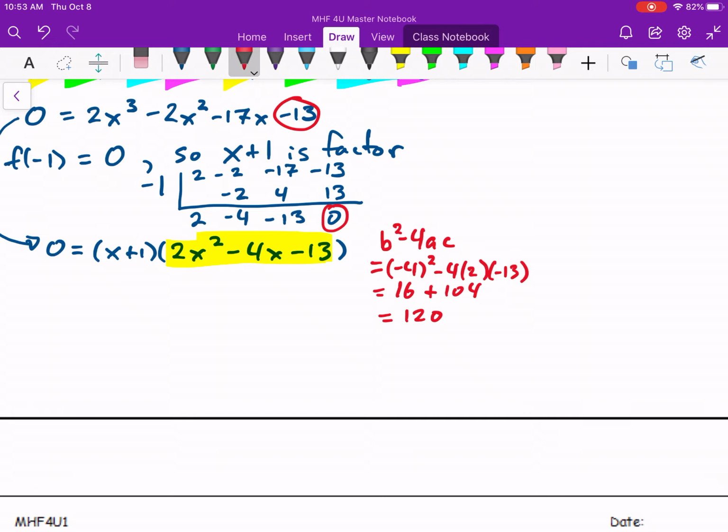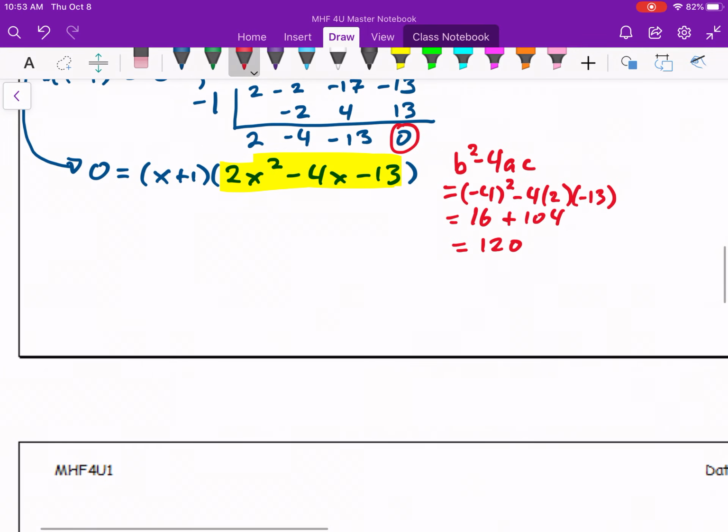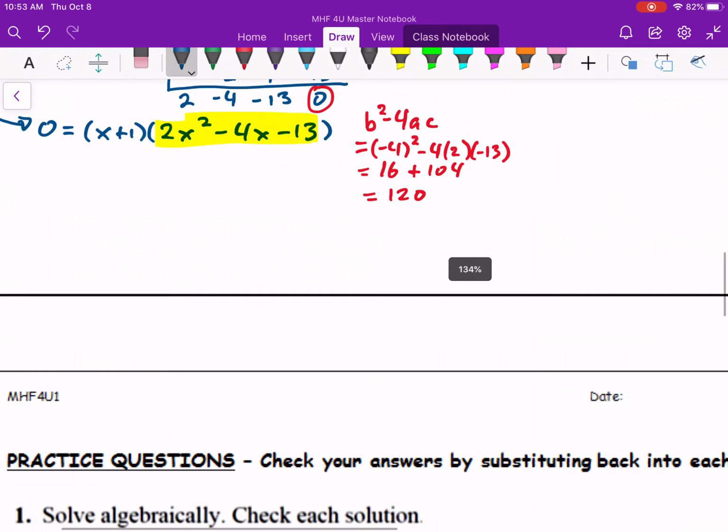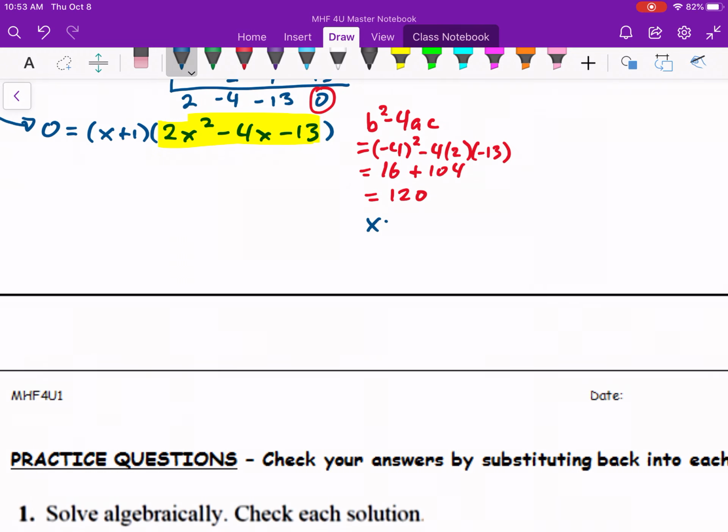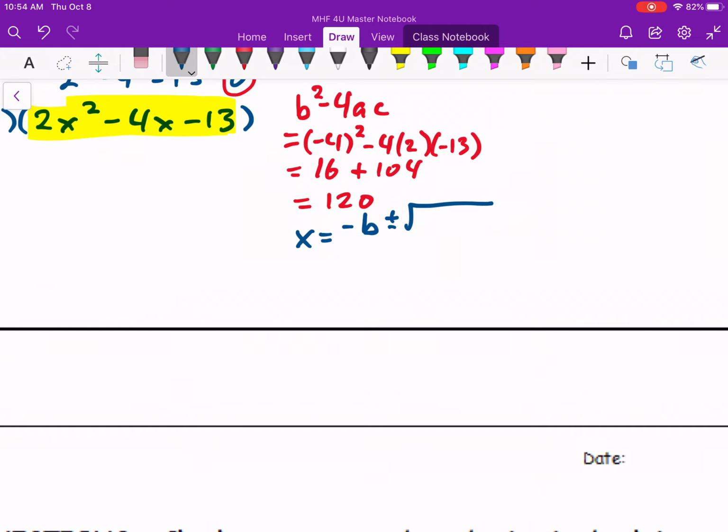What that leaves us with, of course, is the quadratic formula. So the quadratic formula tells us, just as a reminder, let me write it over here as a reminder, because I want to use the other space for my calculation. So negative b plus or minus the square root of b squared minus 4ac, which is, again, my discriminant, over 2a, right?